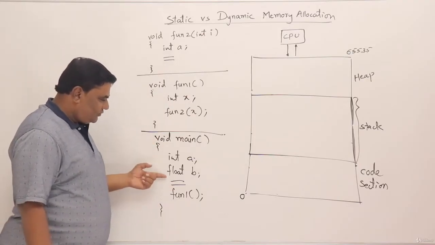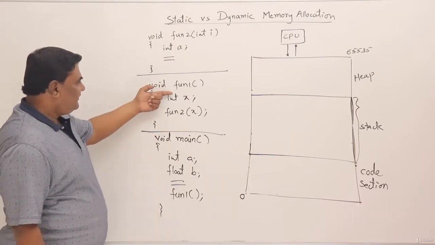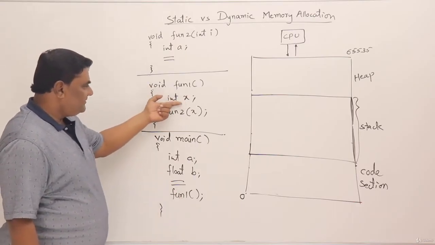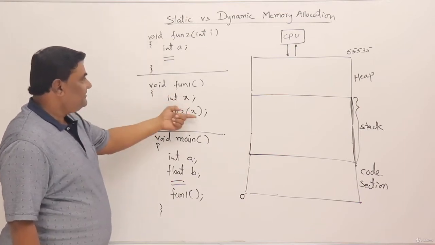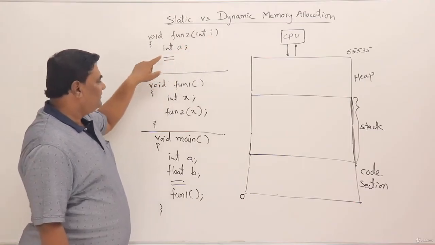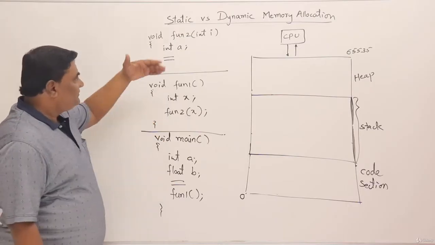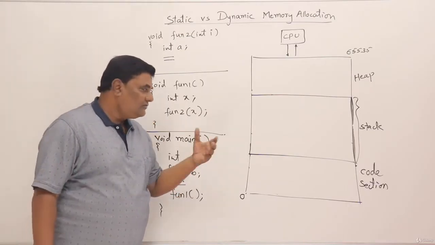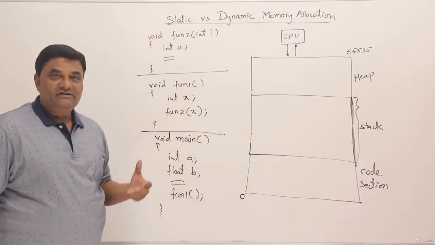Main has two variables, and then it calls function fun1, which has a local variable x. Then it calls fun2 and passes parameter x. Function fun2 takes a parameter i and also has its own variable a. If these function calls are made, how is the memory allocated for all these functions? Let us look at it.